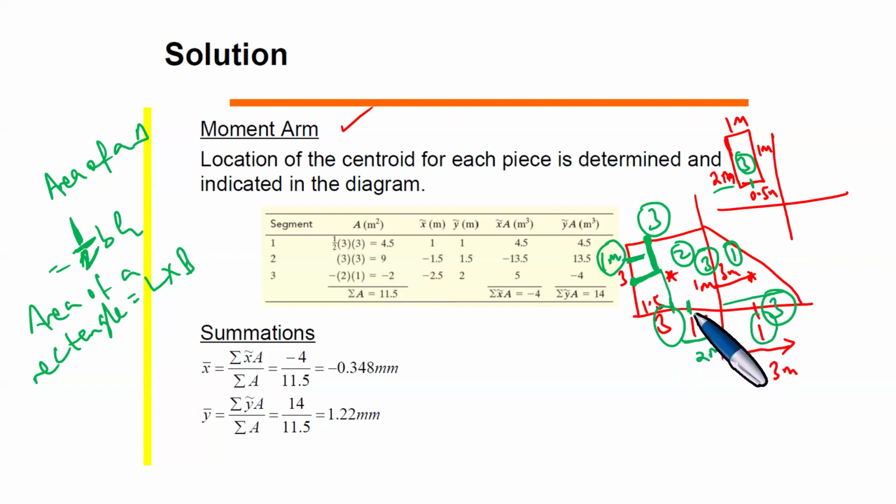Then you add also, because this is exactly 2 meters here and this is 1 meter, so 1 meter plus 1 meter gives exactly 2 meters. Dividing the 2 by 2 gives exactly 1 meter. 1 meter plus 1 meter is 2 meters.